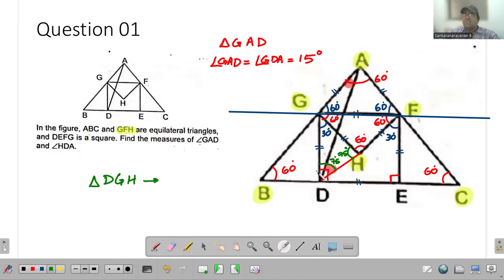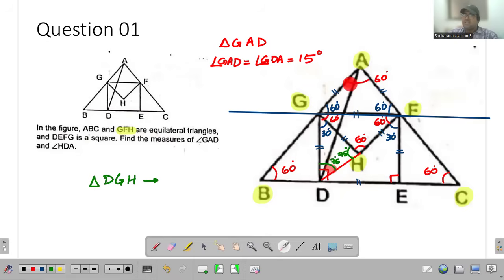These are base angles, because triangle DGH is an isosceles triangle. GD and GH are equal in measurement, so the base angles should be equal. 75 plus 75, 150 plus 30, 180. The condition is satisfied beautifully, right? So this is 75, this is 75.